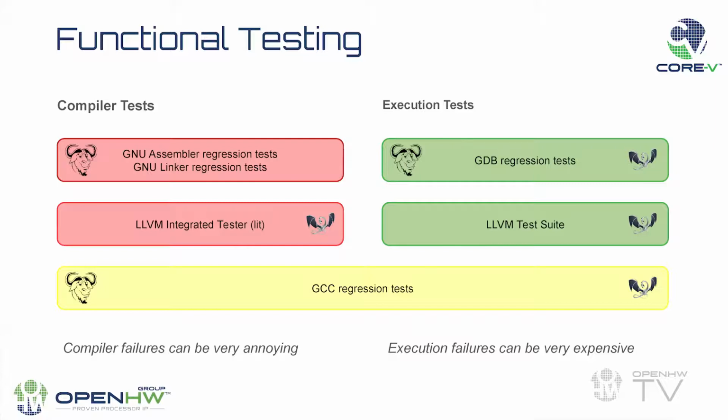However, if we have execution failures because you've generated code that behaves incorrectly, we have bugs. And if that code has been placed in the ROM of an ASIC, it can be very expensive to fix. So ensuring there are no execution failures is a critical part of testing.